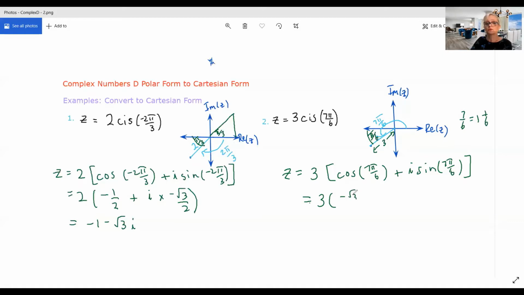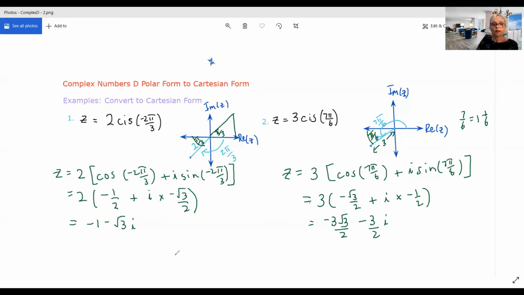So it'll be negative root 3 on 2 plus i times, same thing with sine. It will be the same in size as sine of pi on 6, but it will also be negative. So when you multiply through, we're going to get negative 3 root 3 on 2 is our real part, minus 3 on 2i, 3i on 2, doesn't matter.